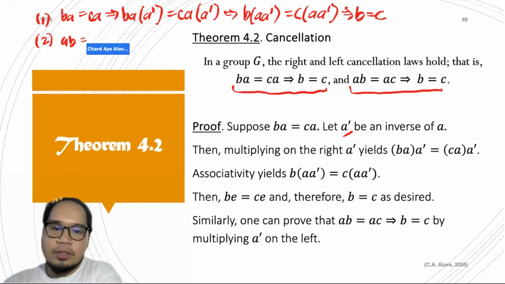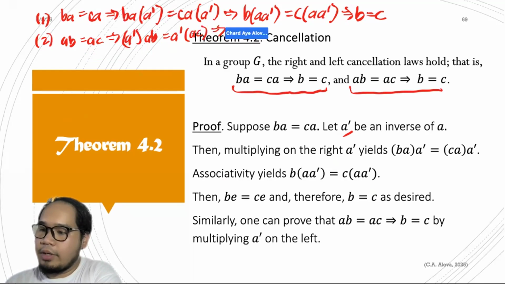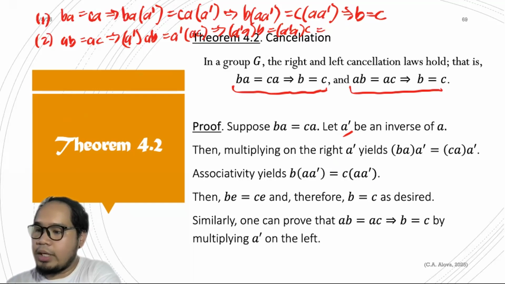Statement two shows AB equals AC. Multiplying A prime to the left side this time, what we have is A prime times AB equals A prime times AC. And this will yield us, by associativity, A prime A times B equals A prime A times C. A prime times A, its inverse, is equal to E, the identity.